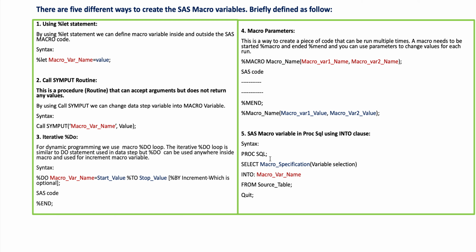That means that we have to select variable name. Variable selection into macro variable name from source of the data, from which table we are going to select variable, and quit. This is the fifth method.